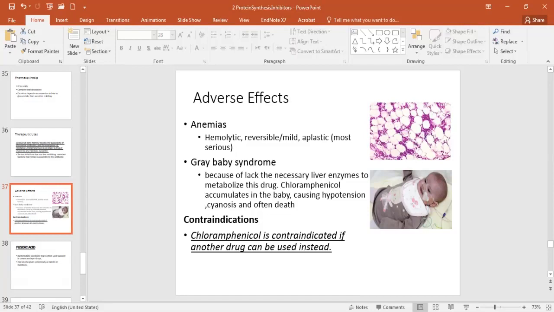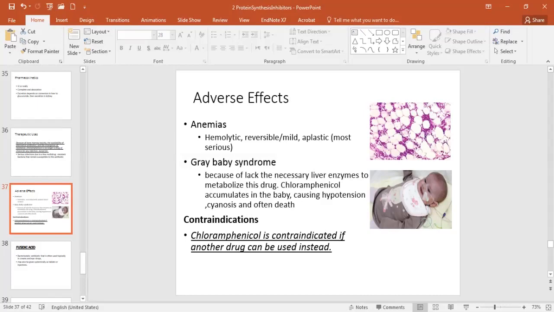Also gray baby syndrome. What is gray baby syndrome? Because of the lack of necessary liver enzymes to metabolize this drug, chloramphenicol accumulates in the baby, causing hypotension, cyanosis, and often death. Therefore, avoid using such a drug in babies.